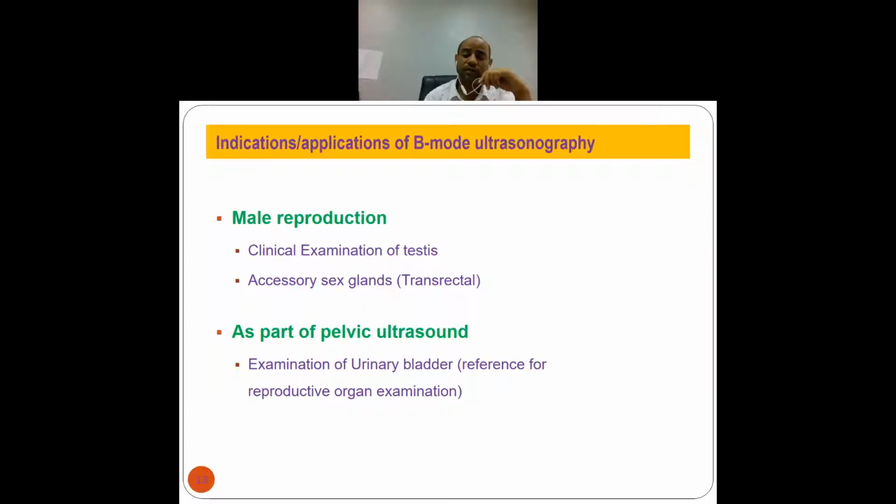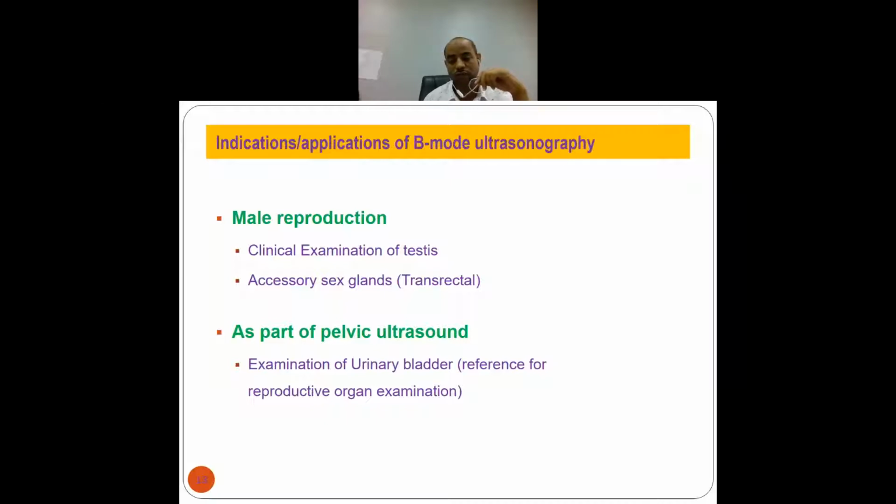And in addition to that, in a transrectal examination, ultrasound can also help us to examine the condition of the accessory sex glands. You know that we have different accessory sex glands within the pelvic region. They can be accessed through the rectum by using ultrasound.